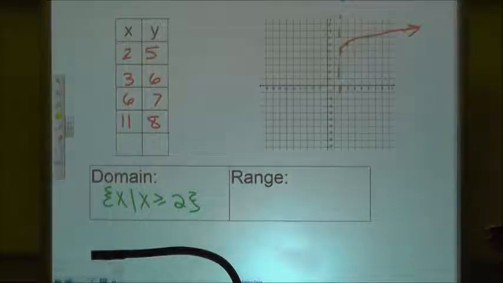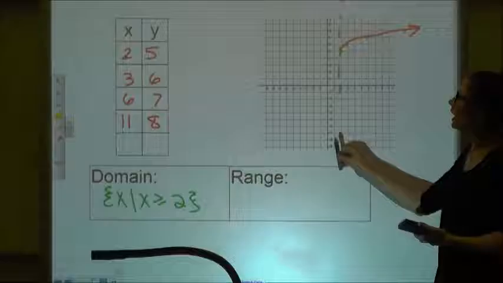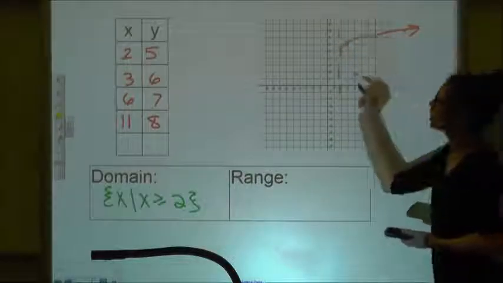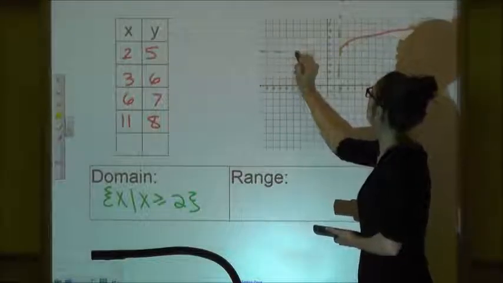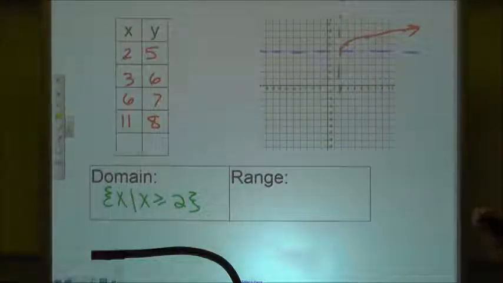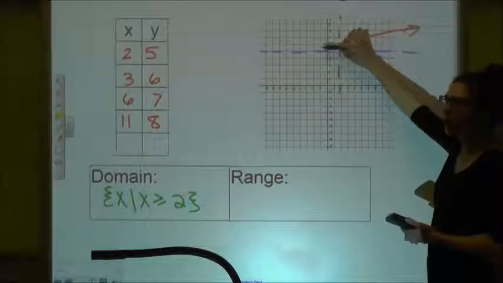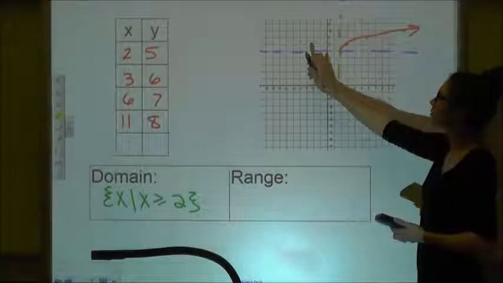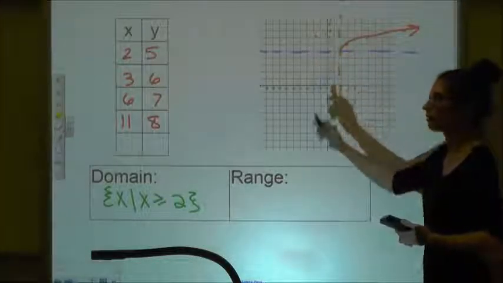Then you look at your y. Y is your range. So what is the lowest y that you have? Right here. All of your y values are going to be greater than or equal to 5.